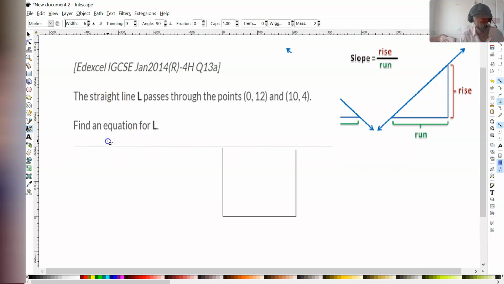Just remembering that we always write down y equals, that is the equation of a straight line, and we also need to work out the gradient. The formula I showed you last time was y2 minus y1 over x2 minus x1.